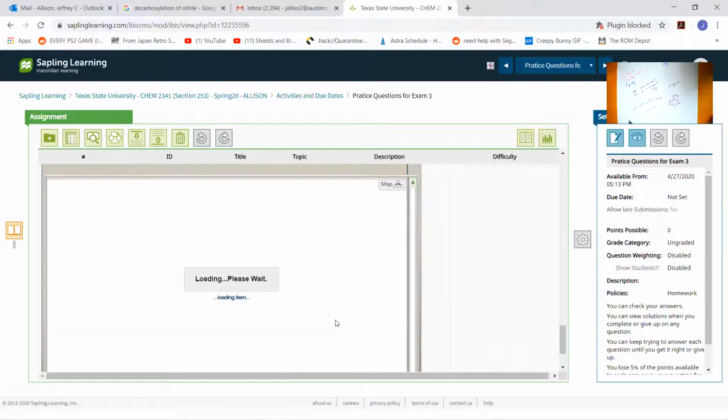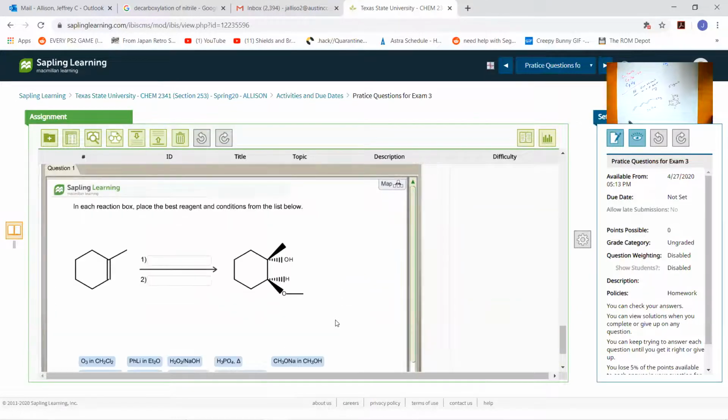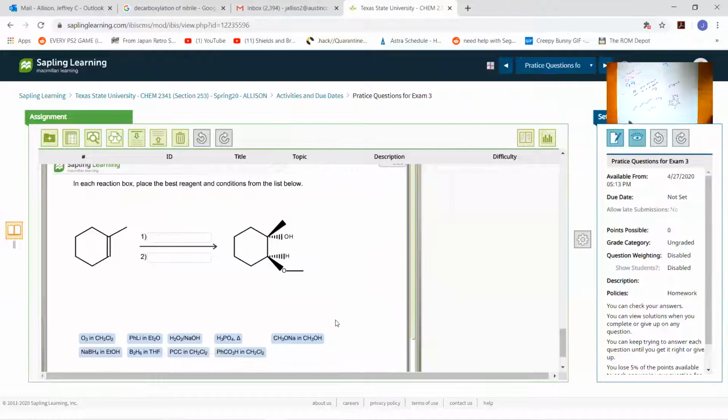Okay, the last question on here is a question where you've got an alkene, and you're making this ether. So this is a methoxy ether with an OH, and you'll notice the stereochemistry is anti here, so you have 1 OH down, 1 OH up.